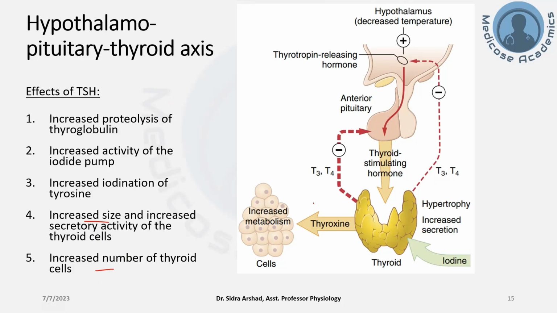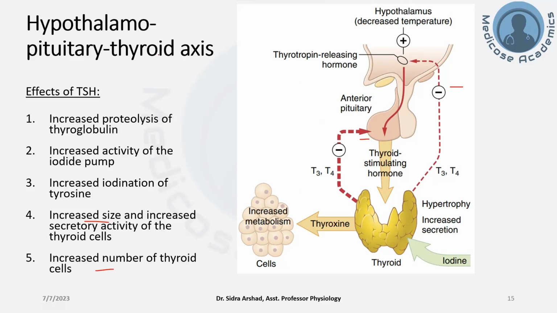Now, once the T3 and T4 levels are increased, they have a negative feedback effect on the release of TSH. They inhibit the release of TSH, and T3 and T4 also inhibit the release of TRH. So this is the negative feedback effect of these hormones.